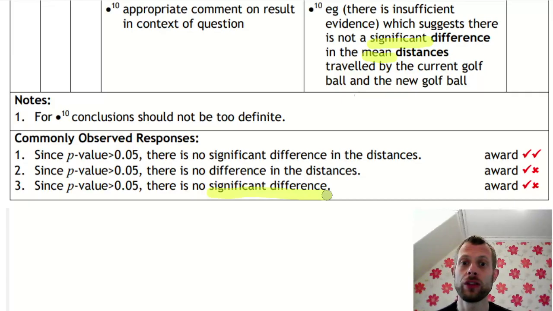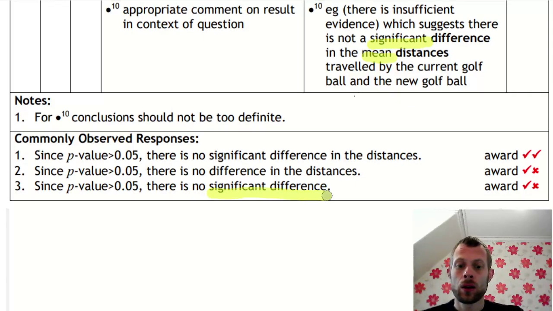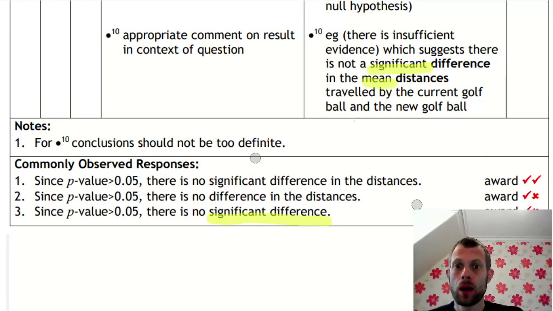You haven't said what the difference is, so you lose the mark for that. I'm not sure what's going on here with this note, but I think it's saying not to be too definite. You don't say there is definitely no difference. It's this point here about there being insufficient evidence of a difference that is really what your conclusion is.